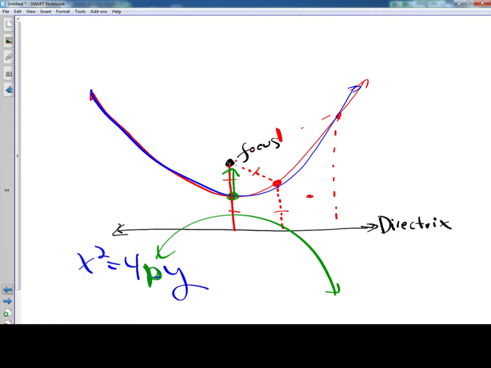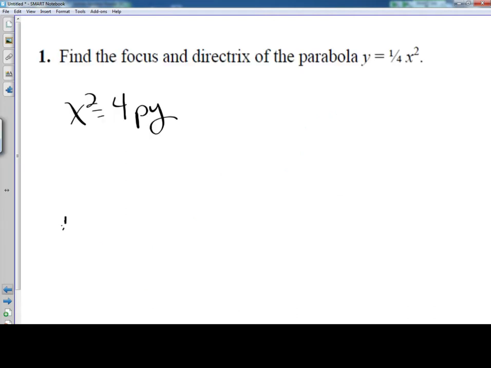So, when I go back to this problem, I have my model here. It's x squared equals 4py. This equation doesn't fit my model. It's given to me in the quadratic form, I guess you could say, the standard form. I need to change it so that it looks like my focus directrix form.